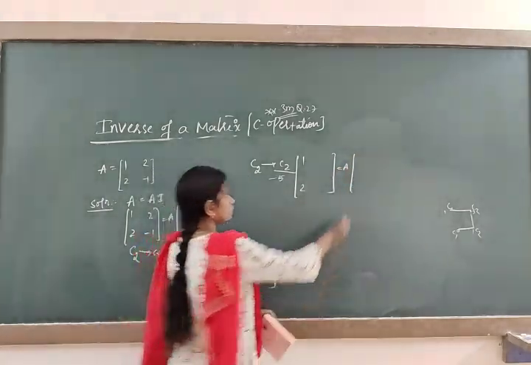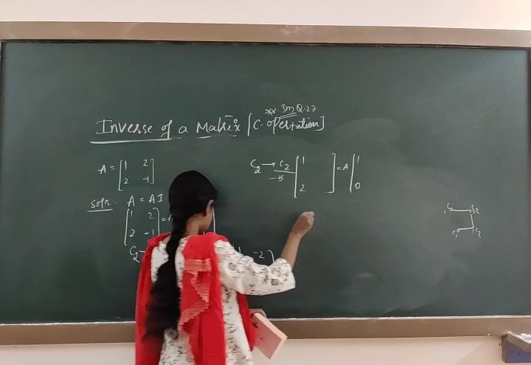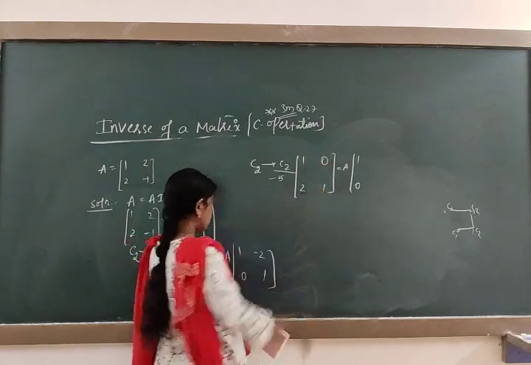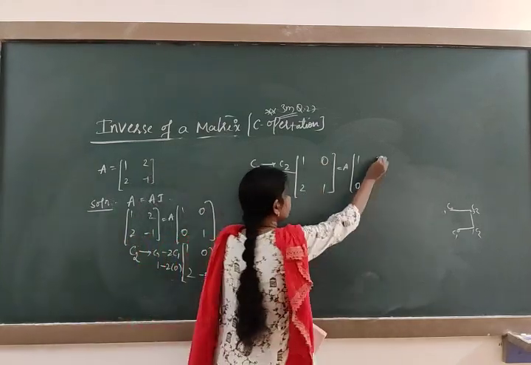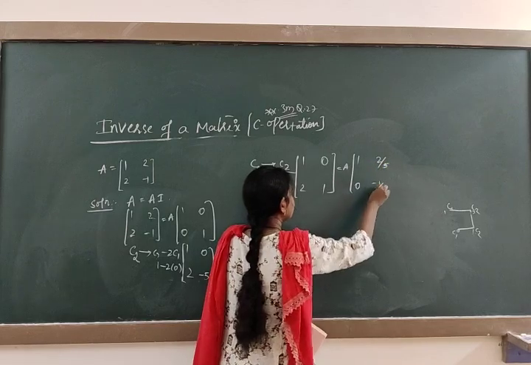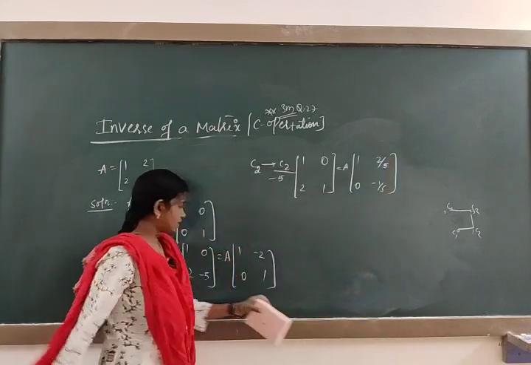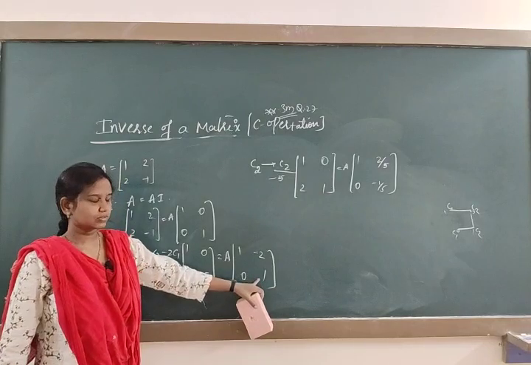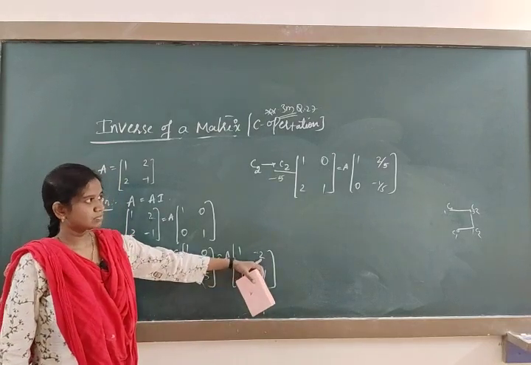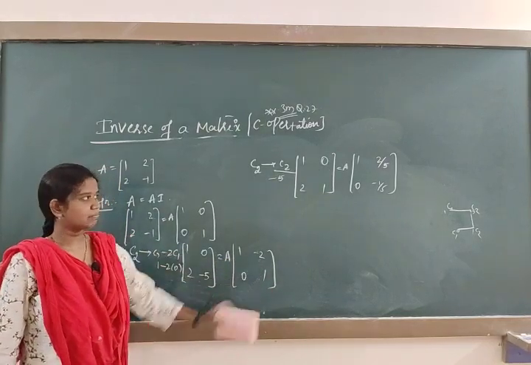So it's 1 0, so it's a 0 1, it's 2 by 5 and minus 1 by 5. Divide the C2 value by minus 5: minus minus becomes plus, and this becomes minus.